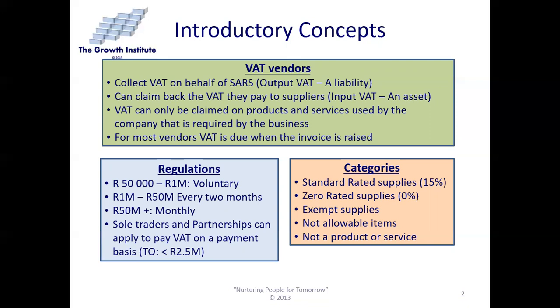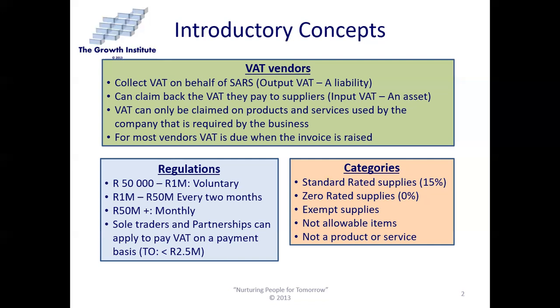If your turnover is between 1 million and 50 million, your VAT is due every 2 months, and if it is more than 50 million, then it is due monthly. Sole traders and partnerships can apply to pay VAT on the payment basis, on the provision that their turnover must be less than 2.5 million.